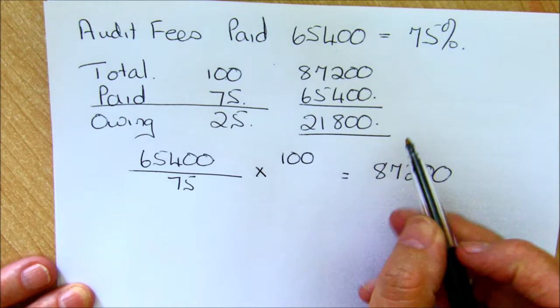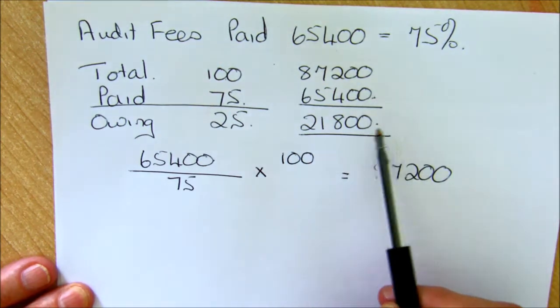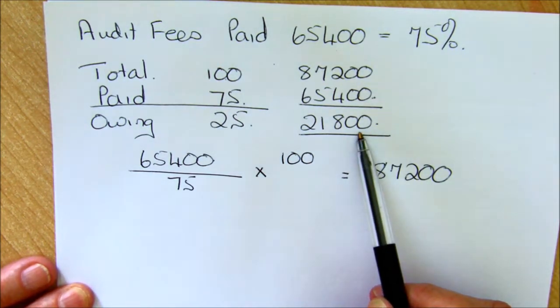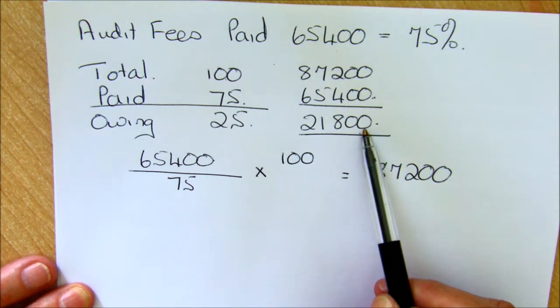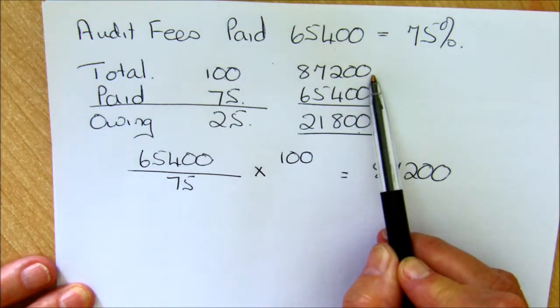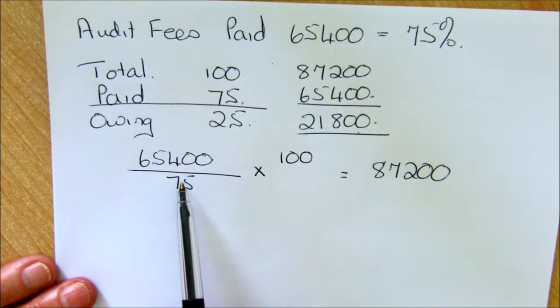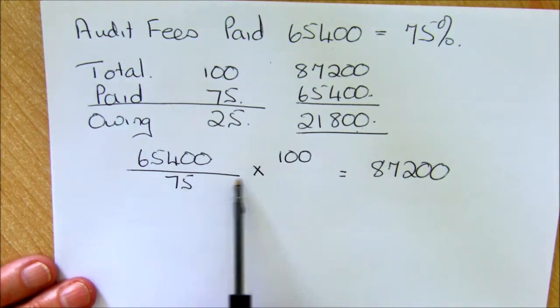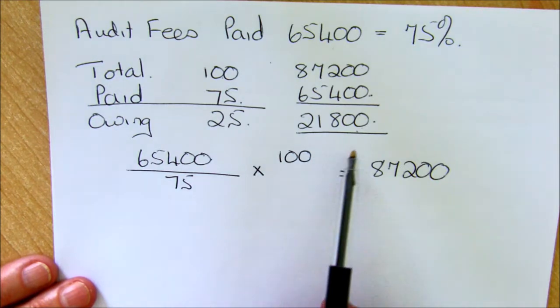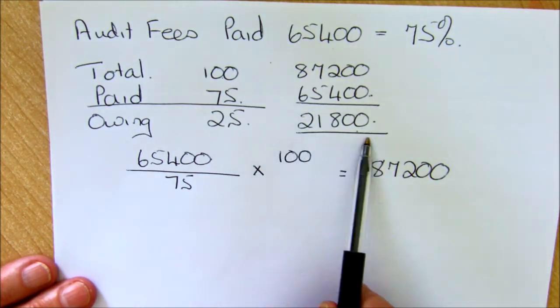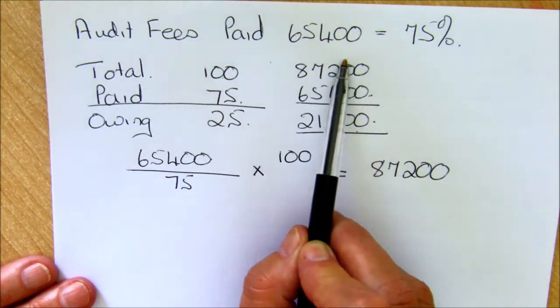So the adjustment would be 65,400 plus 21,800, which is an accrued expense, to give you the total figure that the audit fees amount to. You could have divided this by 75 times 25 and found the amount that is owing, and then added on to get the full amount.